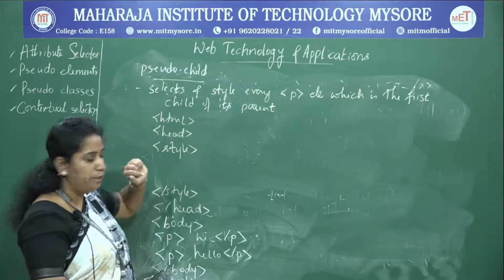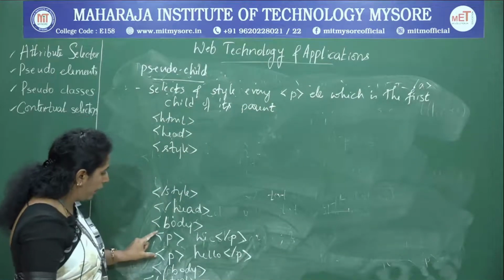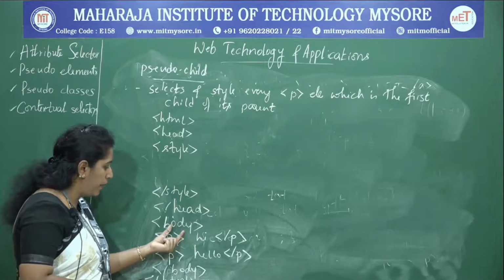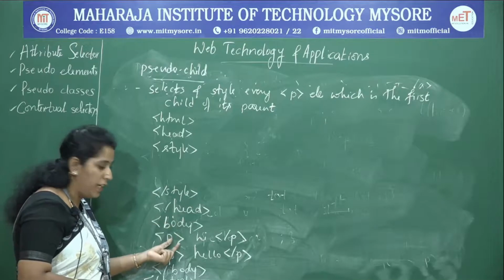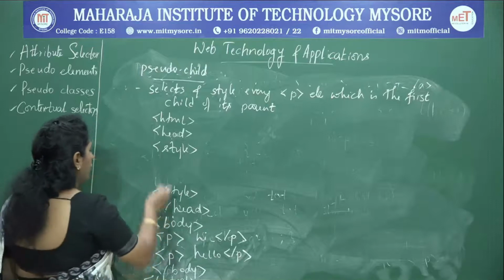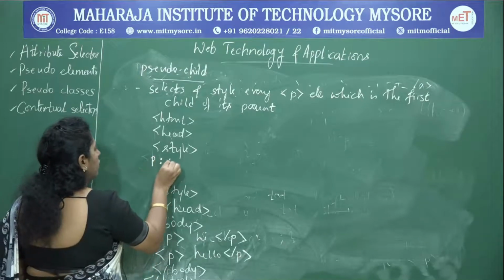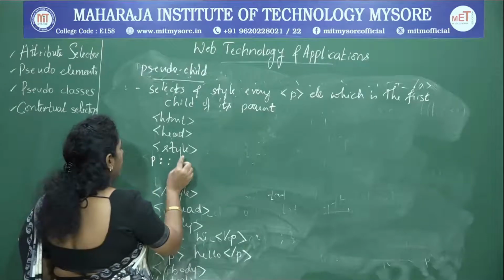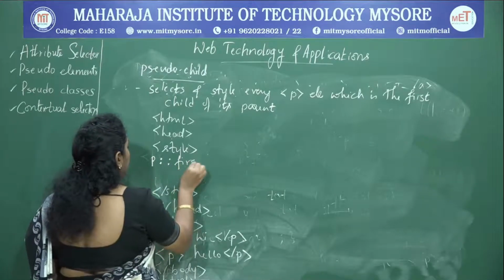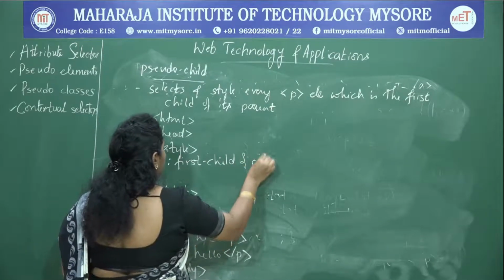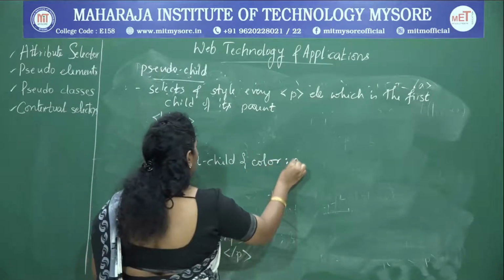child of its parent? Now for this P, the parent is body, right? Body is the parent, so P is the first child. There are two P's. Which is the first child? This is the first child. So now I write the P selector, then first-child, and the rule color green.